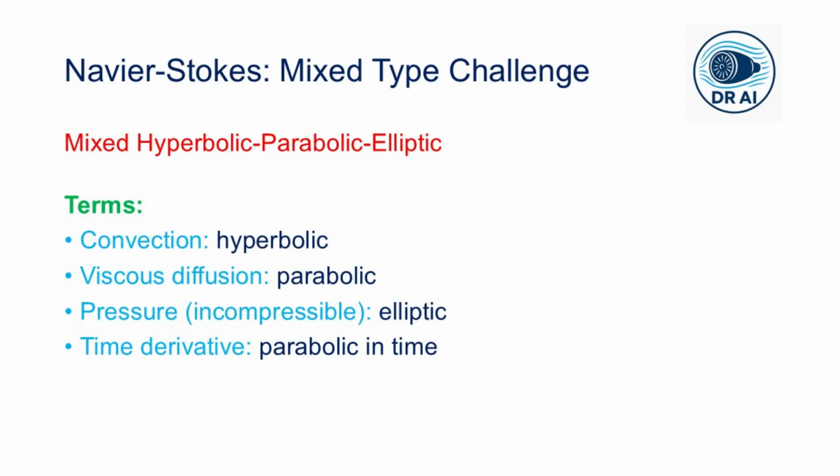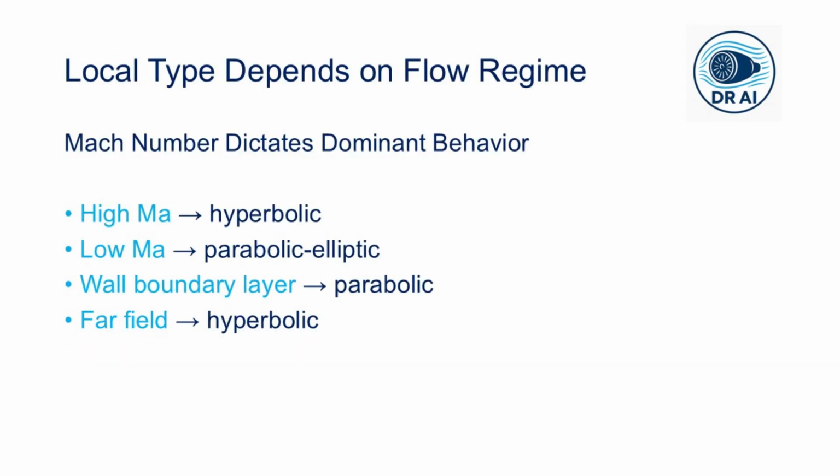The third is the pressure in the incompressible flow, which is representing the elliptic, instantaneous global coupling. And the fourth is the time derivative partial u over partial of t, which makes the whole system parabolic in time.